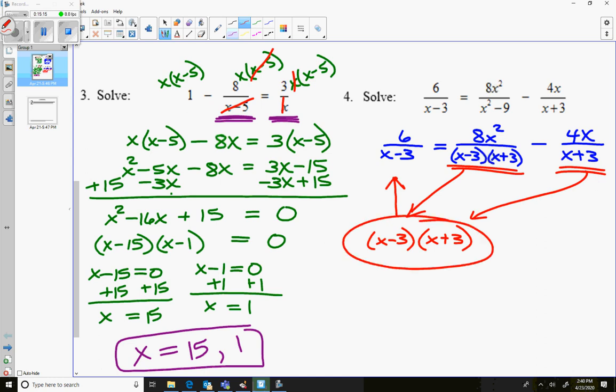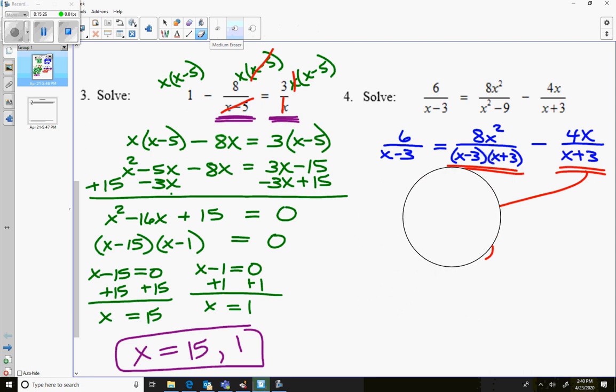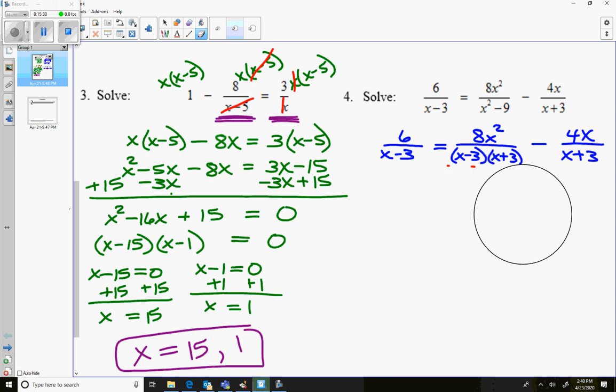So all of that, or that only, would be our common denominator, which is what we are actually going to multiply by. Whoops, got part of that 3 after all. All right, so at this point, I'm going to multiply every term by an x minus 3 and an x plus 3.